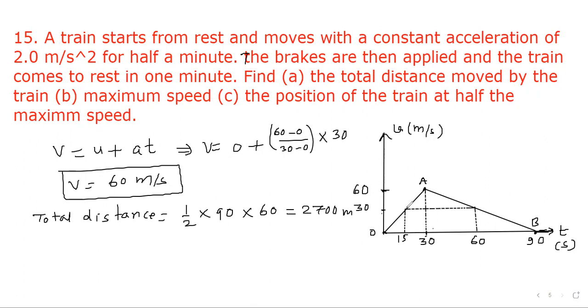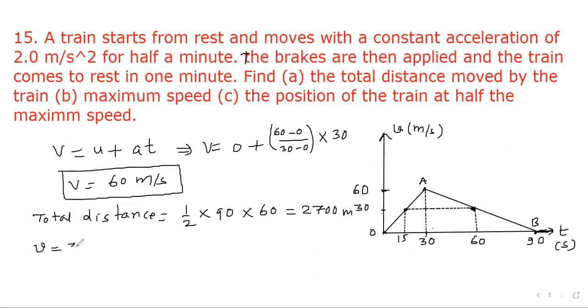Now, position of the train at half the maximum speed. So here, this is one point where speed is half, and this is also one point where speed is half. So we have to find out the corresponding position. So let's evaluate it. We apply the formula. Speed is half means 30.